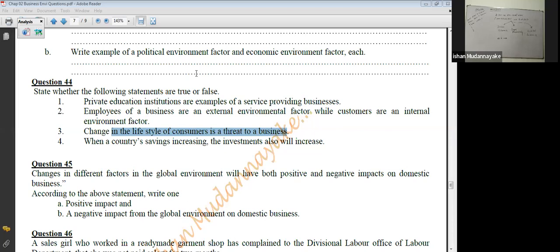For some organizations it will be a threat, but for others it may be an opportunity.